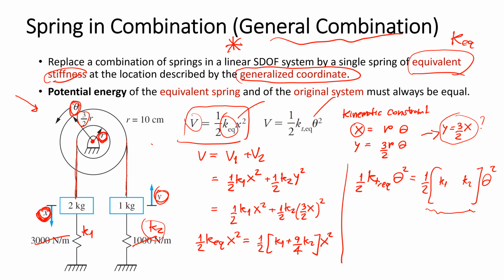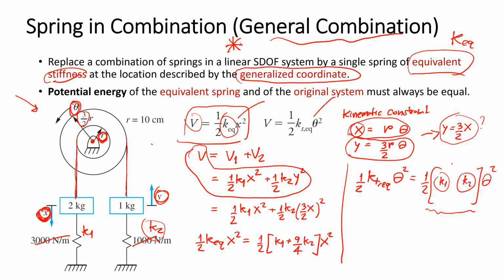The concept is very simple. You know that x can be written in terms of theta, and you also know that y can be written in terms of theta. So here we will have K1, K2, and r as a parameter, and you can write the total torsional stiffness in terms of K1, K2, and r.